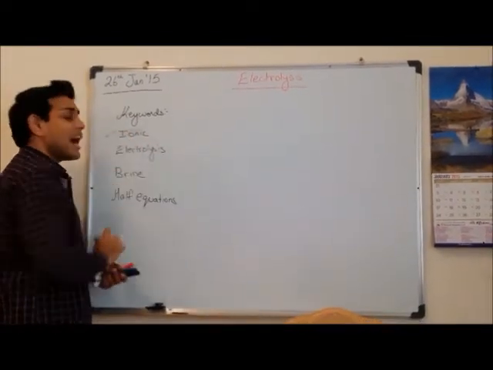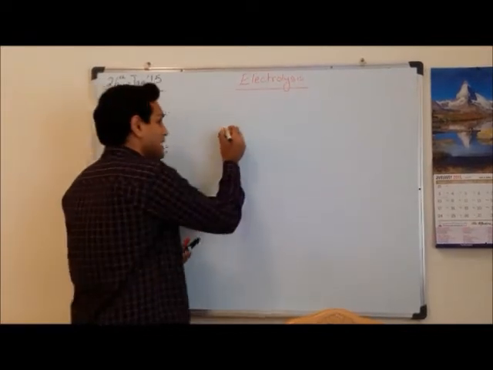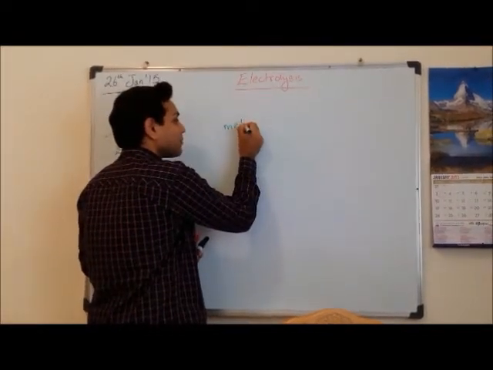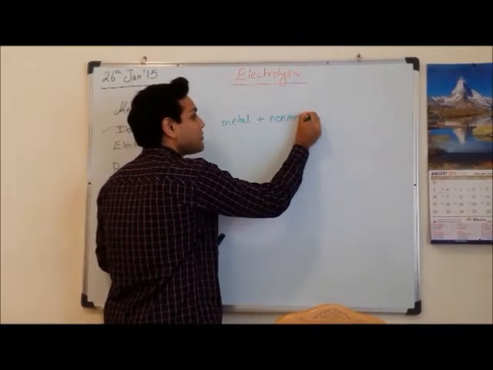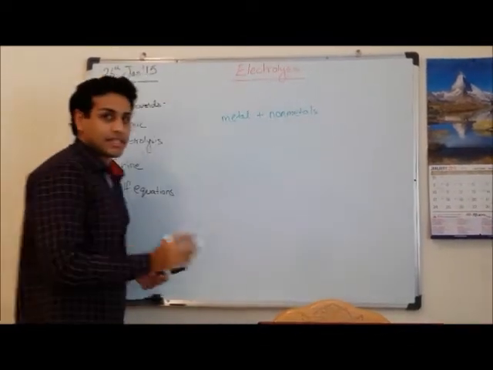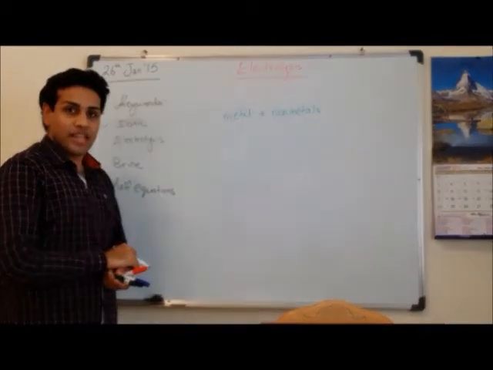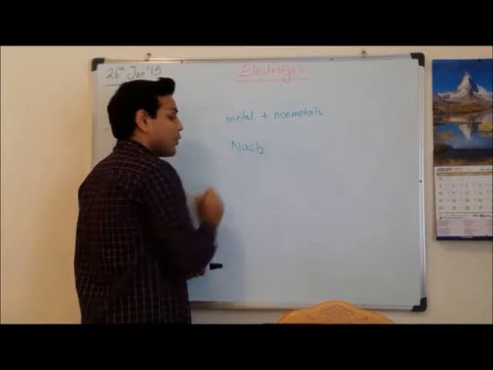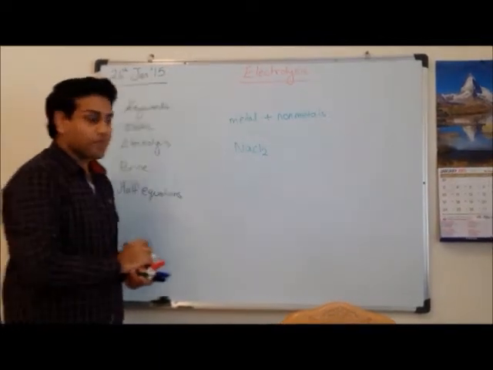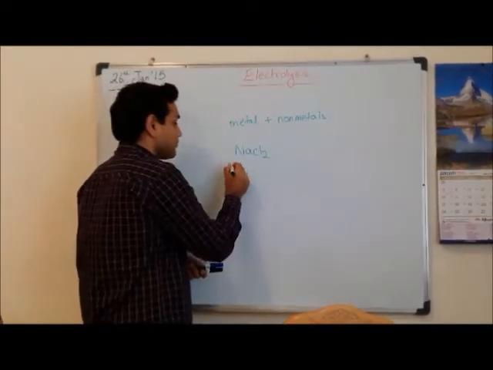Let's go to the word ionic. Ionic means when a metal reacts with a non-metal, it forms ionic substances. For example, in today's lesson we have sodium chloride, NaCl, normal table salt.